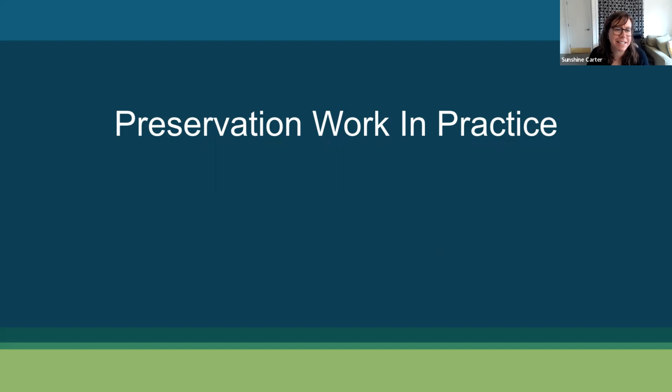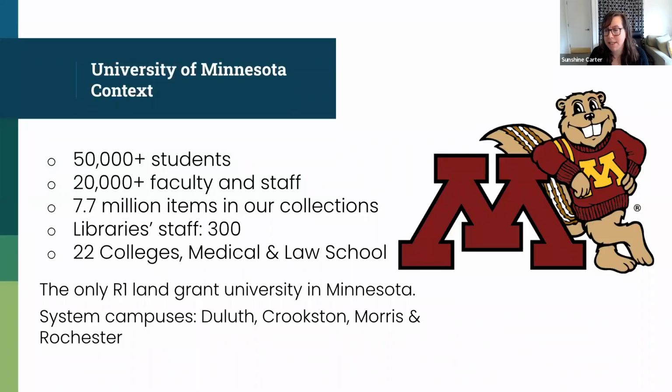Next slide, please. So just to provide a little bit of context about the University of Minnesota, in the Twin Cities, we're a large R1 land grant university, and we are the only R1 institution.